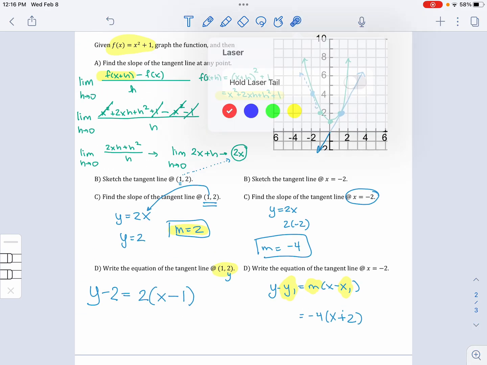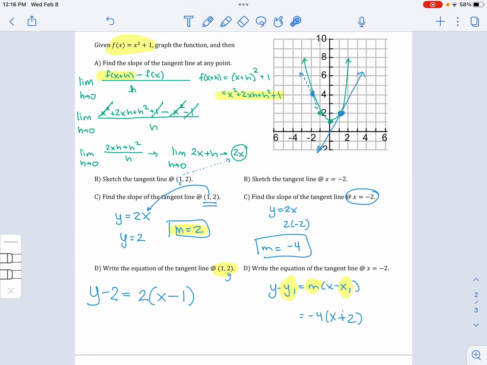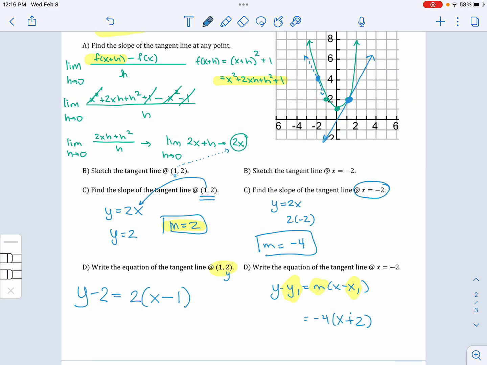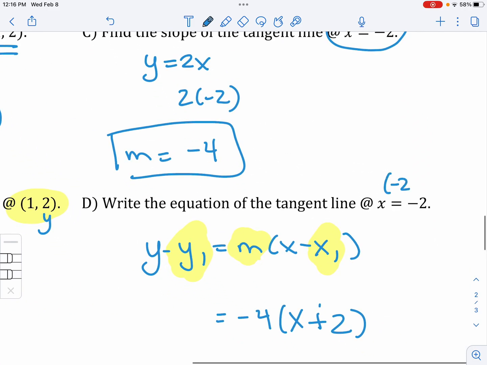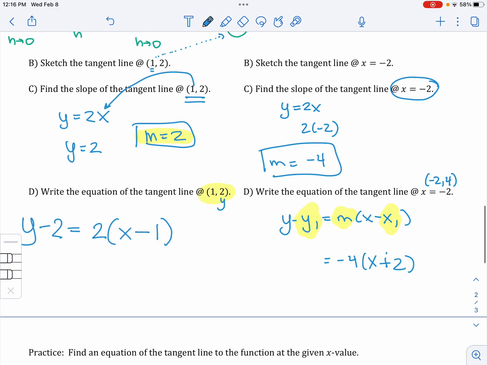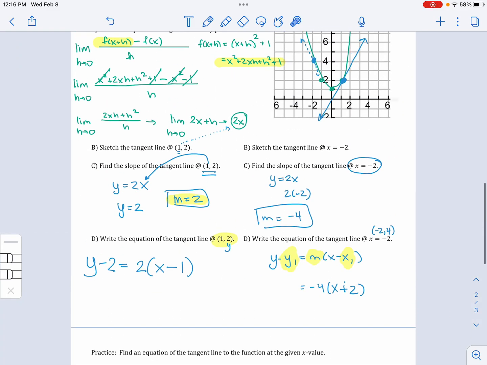And I'm not going to do this, I'm going to show you how to do this again tomorrow, but -2, 4, it looks like the point. So I'm going to give myself a little point, -2, 4, and I'm just eyeballing it really, to make it easier. -2, 4 is here. So if x is -2, it looks like the tangent line goes through -2, 4.